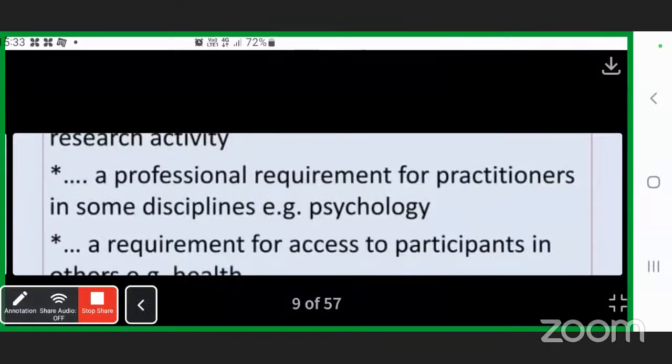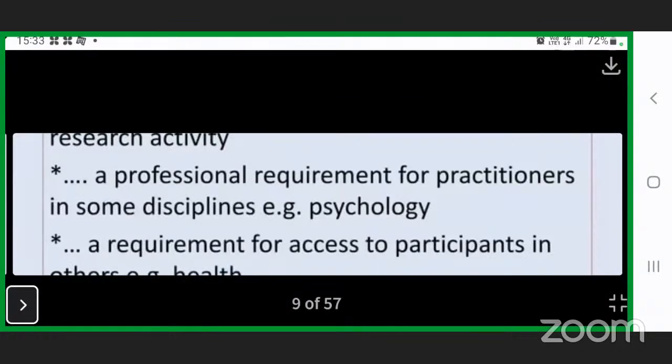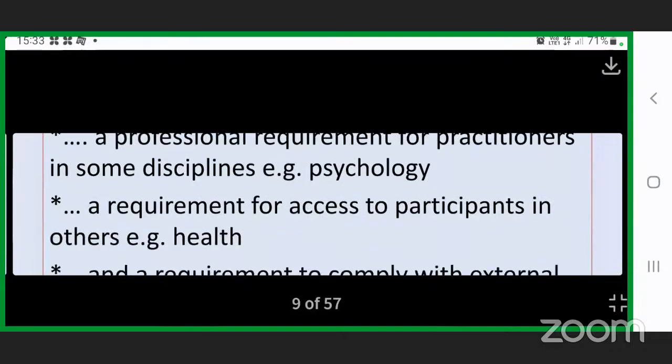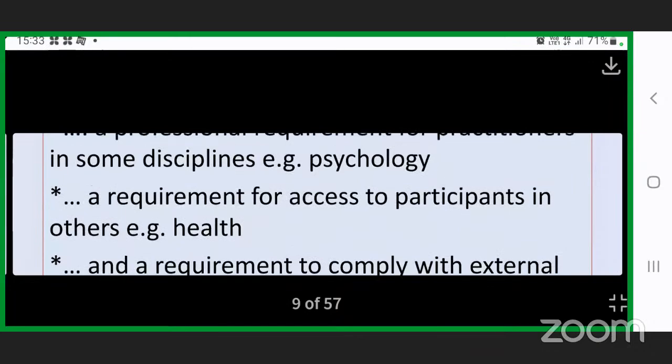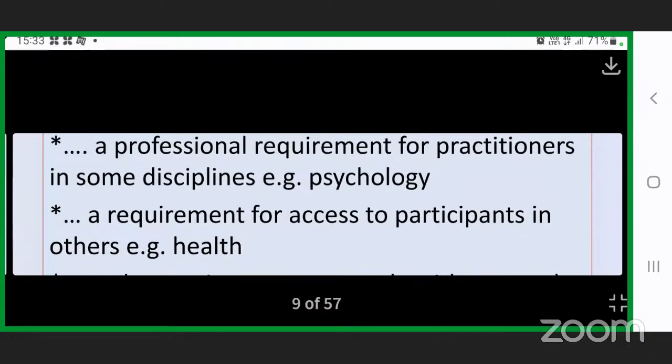Then there is the professional requirement for the practitioner in some discipline. Someone is working in psychology, for example. For practitioners there are many professional requirements, like law, pharmacy and other disciplines.